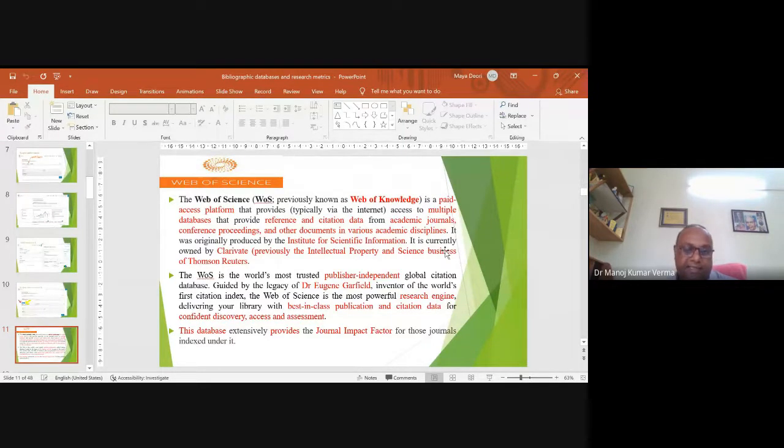This database extensively provides the journal impact factor for the journals indexed under it. Web of Science calculates the impact factor for journals, and on the basis of the impact factor, we rank the journals: which journal is at the top, which are in the middle, which are at the bottom.